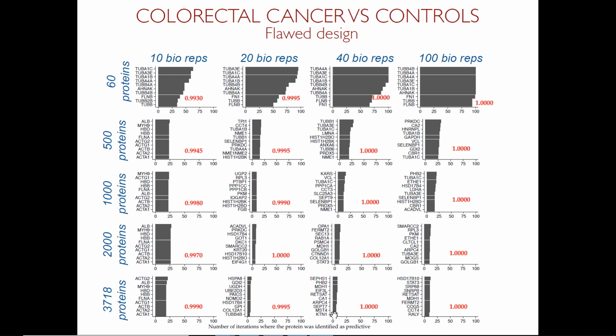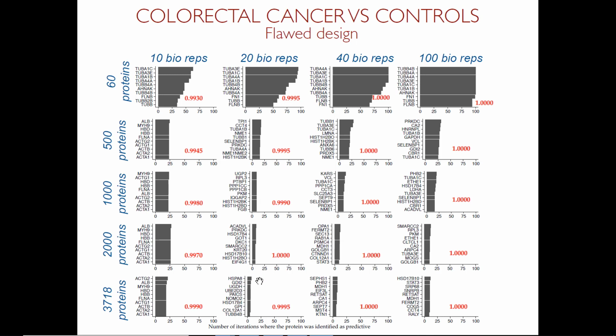So essentially every time you select a new subset of replicates, you get new proteins. But look here: the predictive accuracy is 0.99 and 1 everywhere. So no matter which protein you pick, every single protein is super predictive.